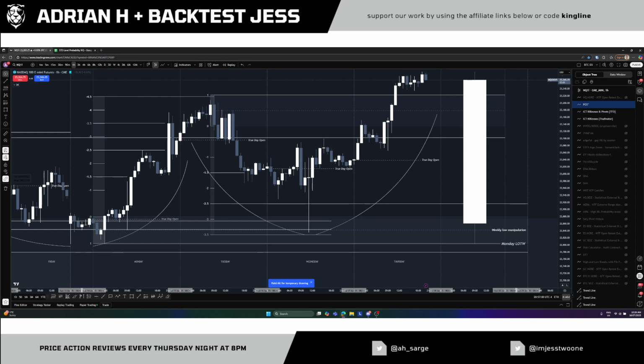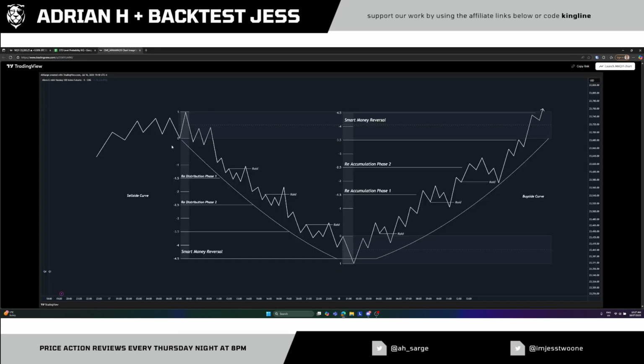While we're here, I'll just quickly bring up my example from Discord. When we were taught the standard deviations originally, or just speaking for myself, the half levels between the whole number and a half level, this is where an area of SMR or accumulation in general is going to happen.